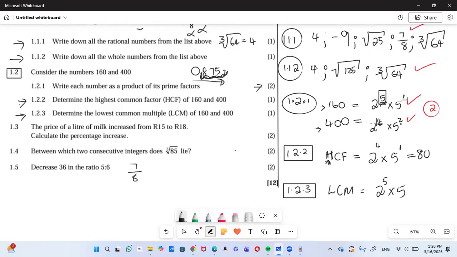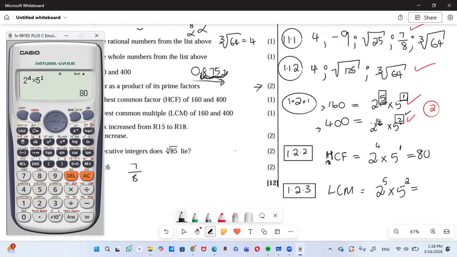So we have 5 there. And then as well on the 5, what do we do? Between this one and the 2, which one is the highest? It is this one, right? So we're going to have that exponent of 2 there. And then you also go into our calculator and put it down. Our expression there should be 2 exponent of 5 and then 5 exponent of 2.